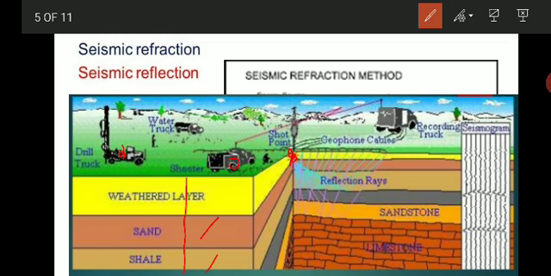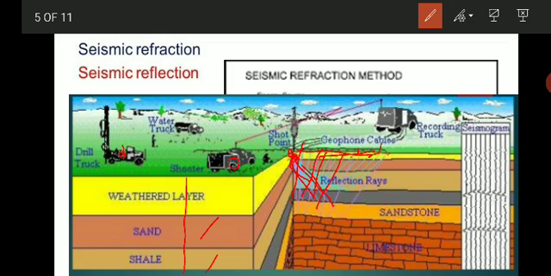Whenever a shock is generated, the different waves travel with different velocities through the different layers. These are the different geophones, which receive the waves reflected or refracted from this point to the different locations.